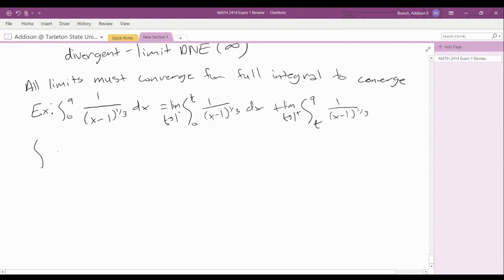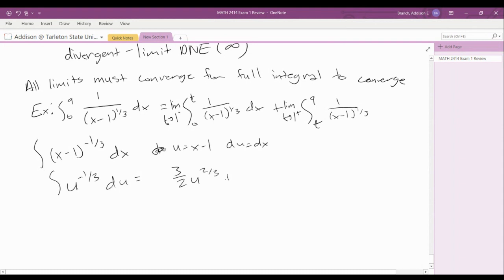So if we take the indefinite integral of x minus 1 to the negative 1/3, we can do a u sub to let u be x minus 1. du is dx, so we get u to the negative 1/3 du, so we get 3/2 u to the 2/3 plus c, 3/2 times x minus 1 to the 2/3 plus c.